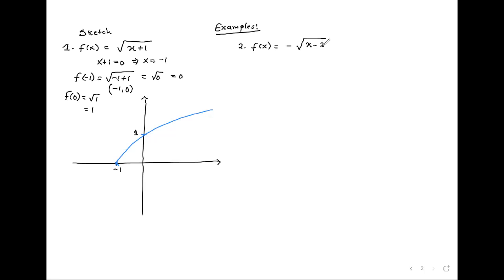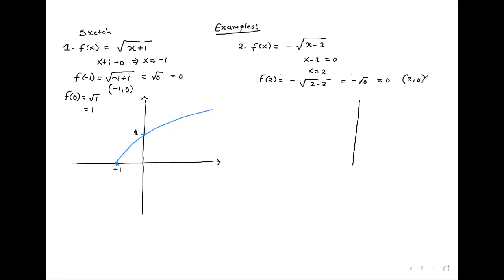The first thing is we would get x minus 2 equated to 0 and get the value of x to be 2. Then quickly take the 2 in the function and get the corresponding value: 2 minus 2. This is the negative root of 0, which is 0. So we have a point (2, 0).